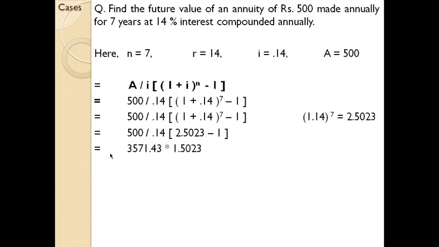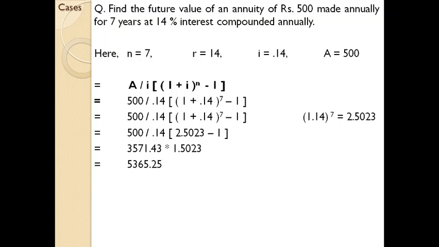So you will get 500 divided by 0.14, which is 3571.43, into, by opening the bracket, 1.5023. By solving that, you will get 5365.25. So, as per the question, you are asked to find the amount at the end of the period.